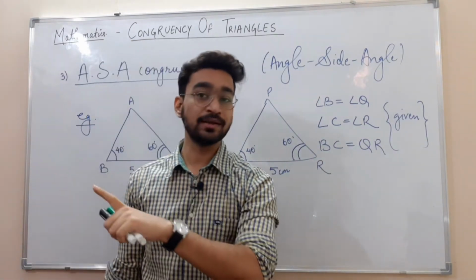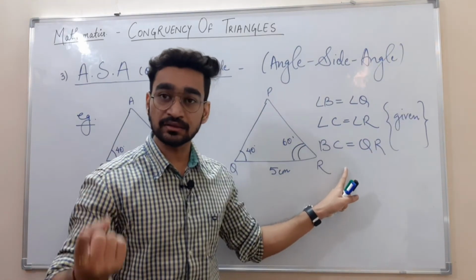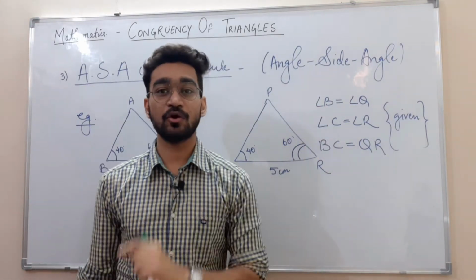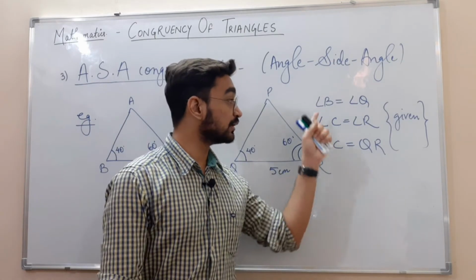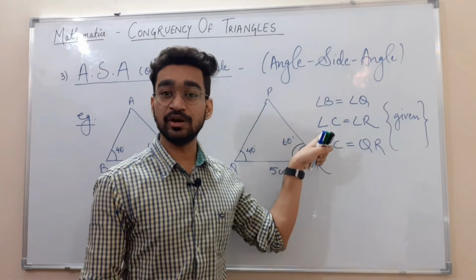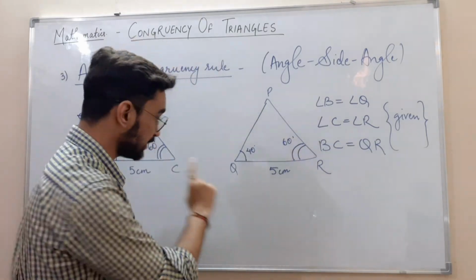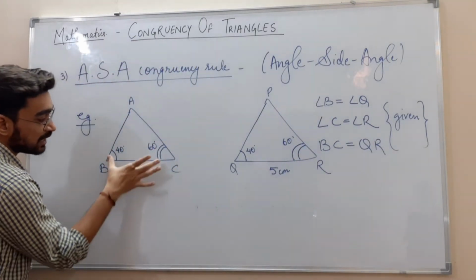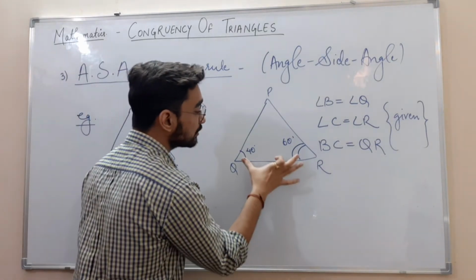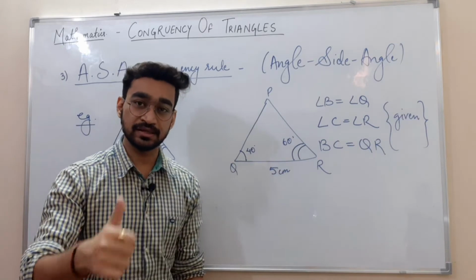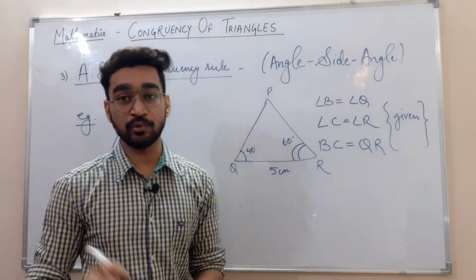If we got two angles and one side, now check whether this side is coming between these two angles or not. The side should be included between these two angles, means it should come in between these two angles. Now check here whether BC is coming between these two angles. Yes. Whether QR is coming between these two angles. Yes.